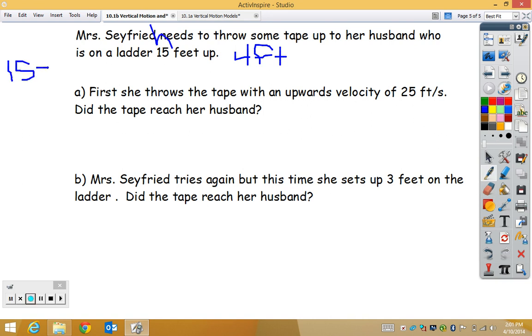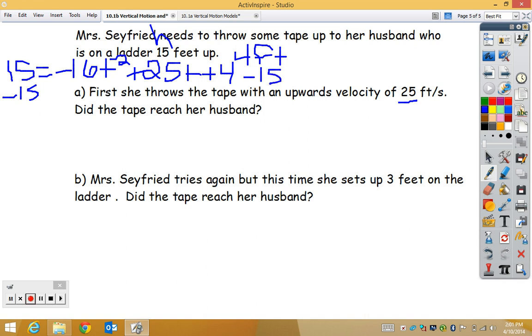So 15 equals negative 16t squared. My velocity in this case is plus 25t, and then I started at 4. So I subtract 15 over. So 0, because again we need to have it equal 0, equals negative 16t squared plus 25t minus 9.